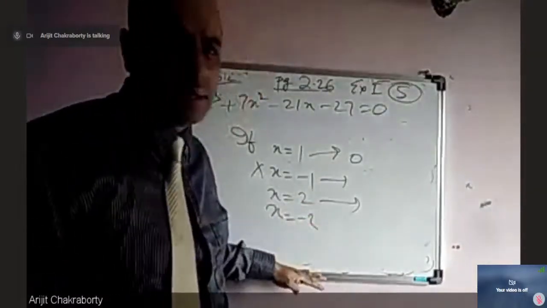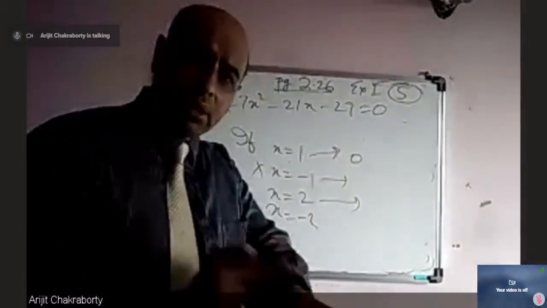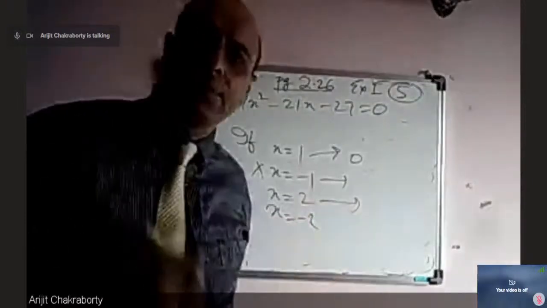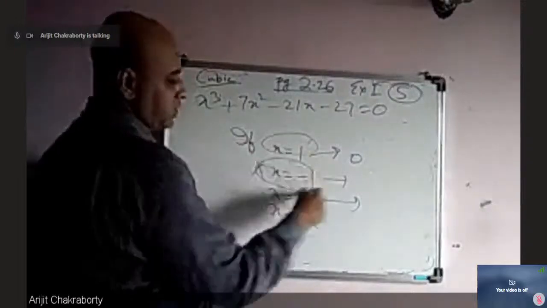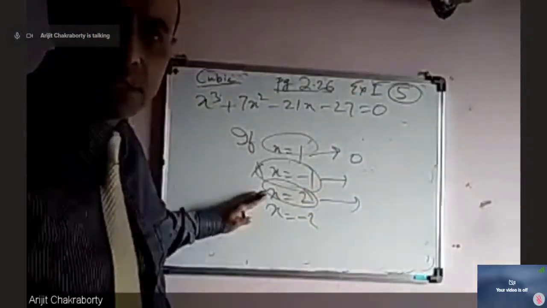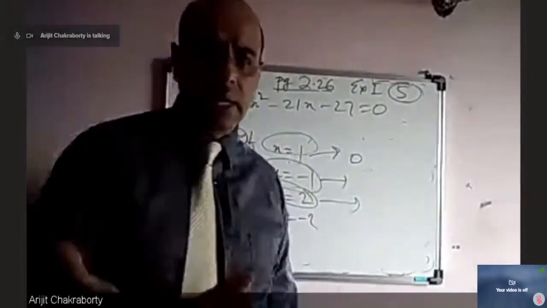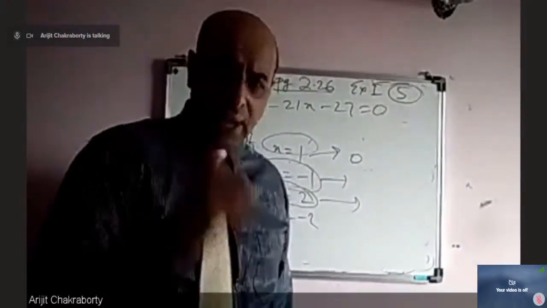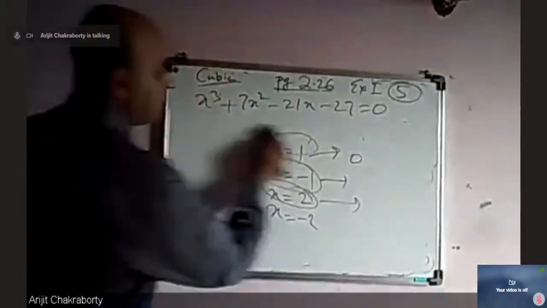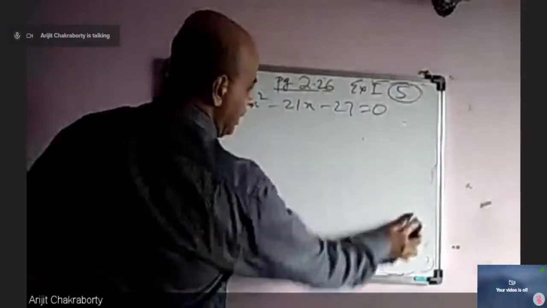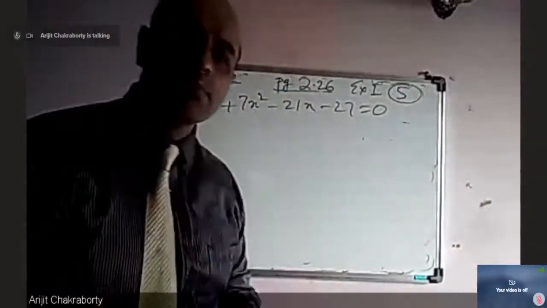Beyond this is very difficult because you will lose time with the trial and error method. But normally the questions are given in such a way that x is one of these, at most x equal to 2. If you try all these, you will definitely get the value of x for which the full expression becomes 0. So here for x equal to minus 1, the expression becomes 0.